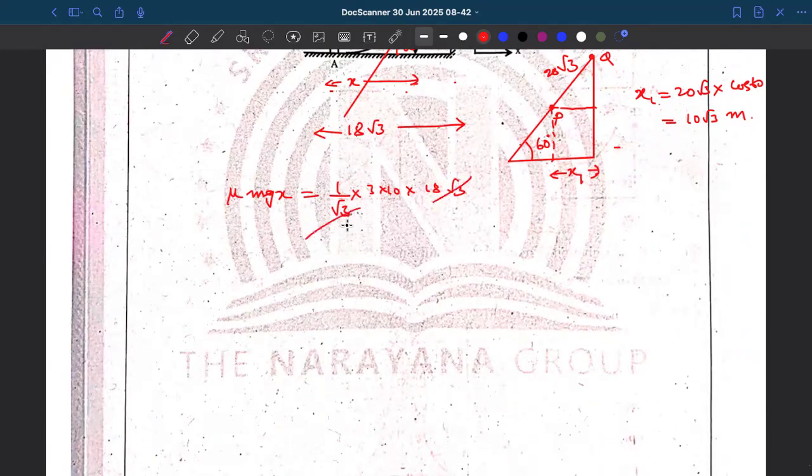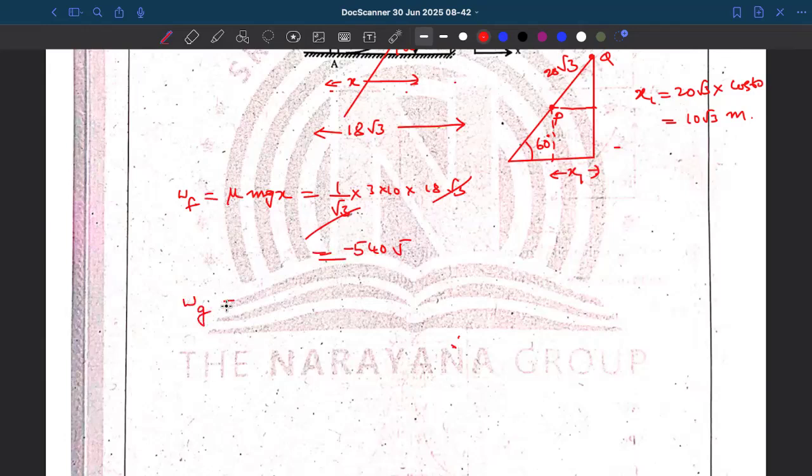SI అంతేగా? ఇప్పుడు నీకు ఎంత వచ్చింది? 18 root 3s 540. 540 జౌల్స్. వర్క్ డన్ అగైనెస్ట్ ఫ్రిక్షన్. ఇది యాక్చువల్గా వర్క్ డన్ బై ఫ్రిక్షన్ అయితే మైనస్.